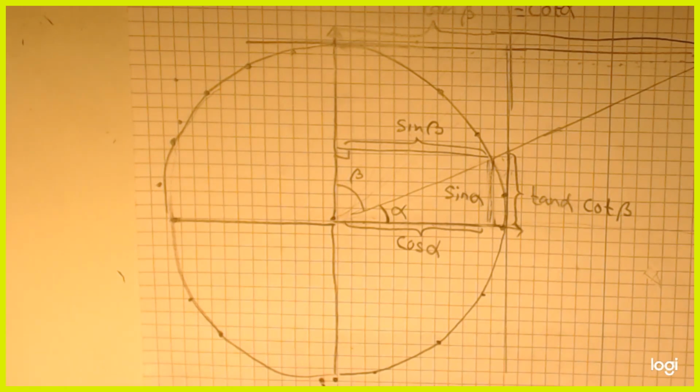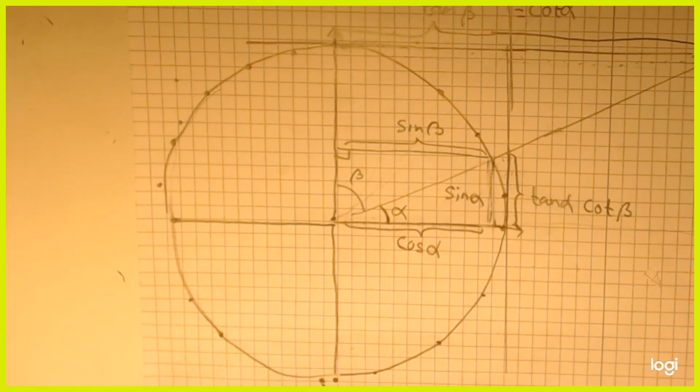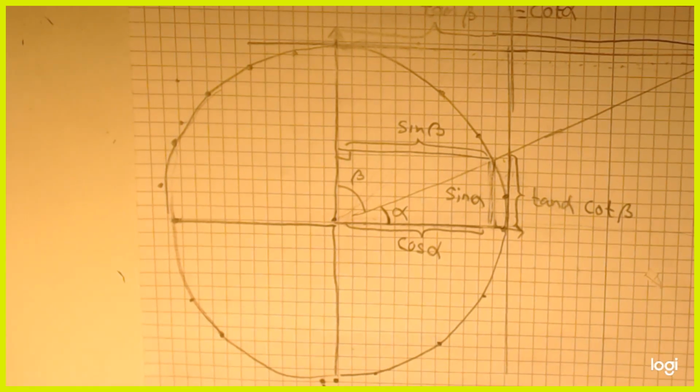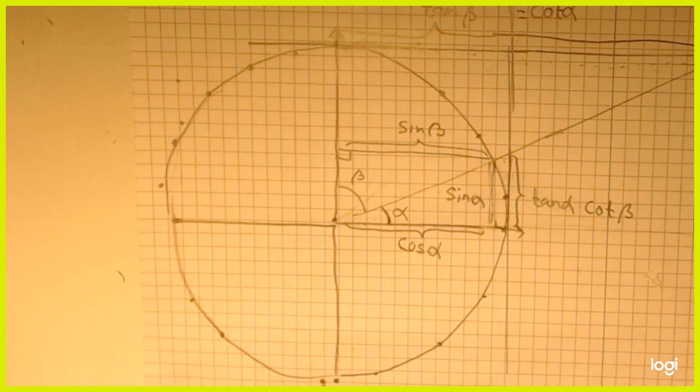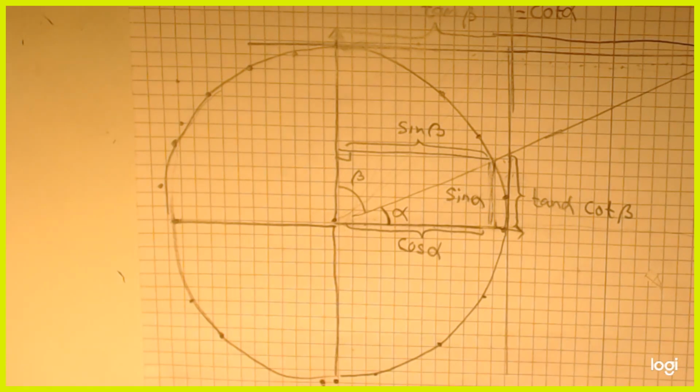And then you have tangent beta. And tangent beta is 26 divided by 12. And that gives you 24.75.